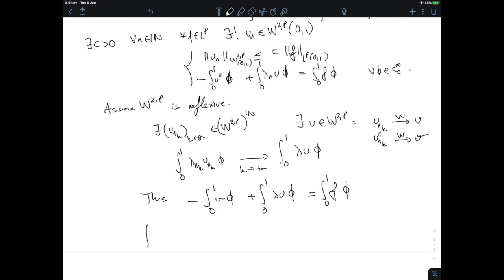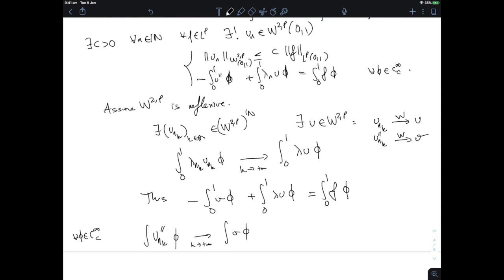So if we have the integral of u_k second phi, for any phi, say C infinity compactly supported, this tends to, as k tends to infinity, by weak convergence in L^p, the integral of v phi.